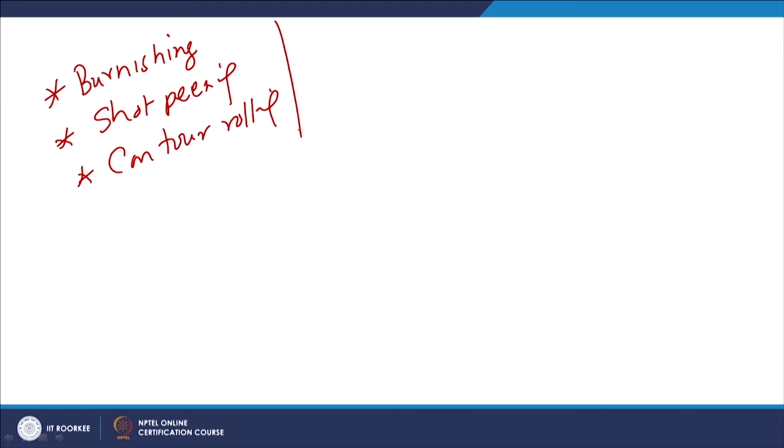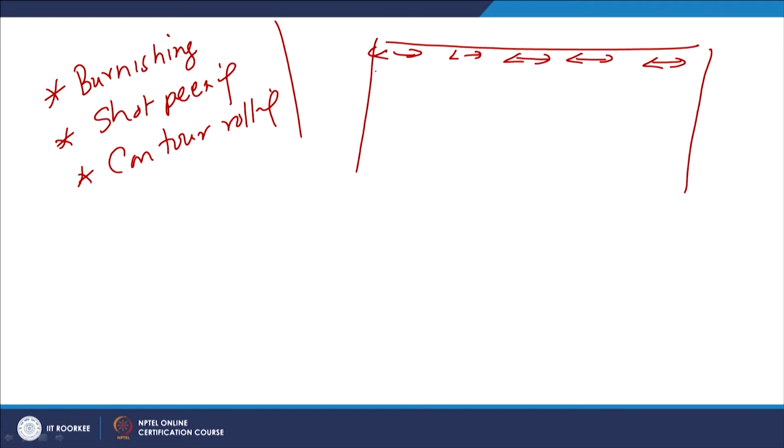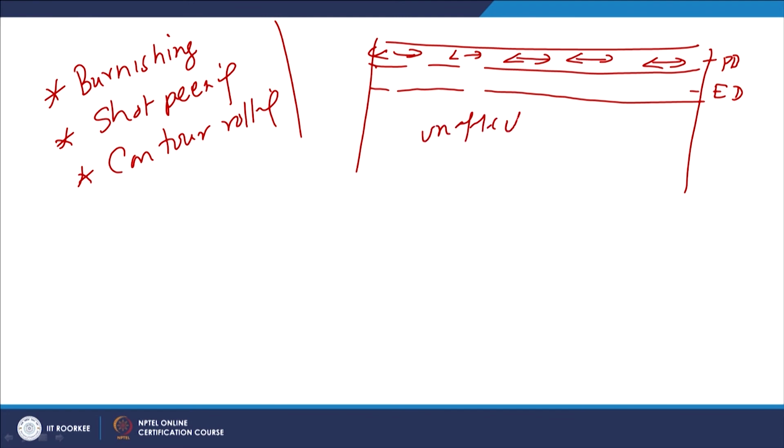In these methods, the near surface layers are subjected to plastic deformation, while the subsurface layers remain under elastic deformation conditions. So, the surface layers are subjected to plastic deformation, below that there will be a zone under elastic deformation, and below that there will be an unaffected portion.